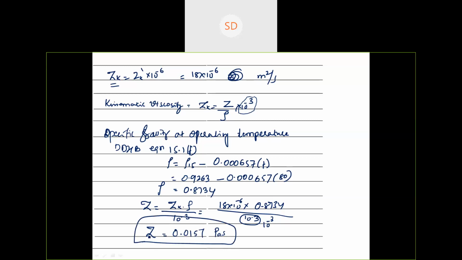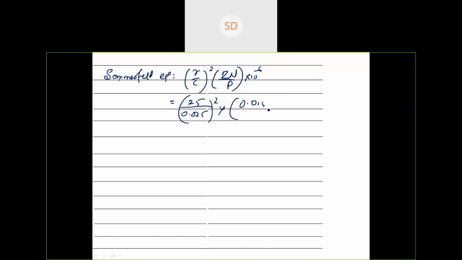Now you substitute this absolute viscosity in the Sommerfeld number. Now I'll rewrite the Sommerfeld number equation again here. R by C square into Z into capital N by P into 10 to the power of minus 6. So R is 25, C is 0.025, make a square. Z is 0.01572, 1000 is RPM.